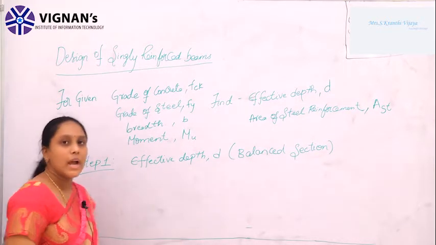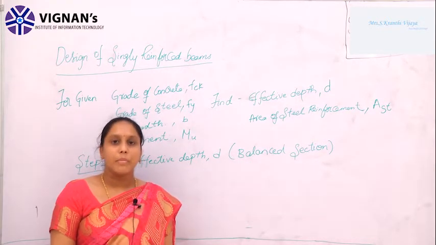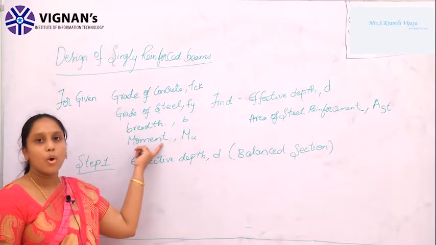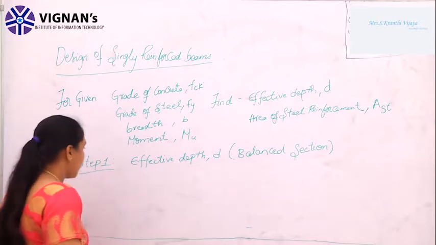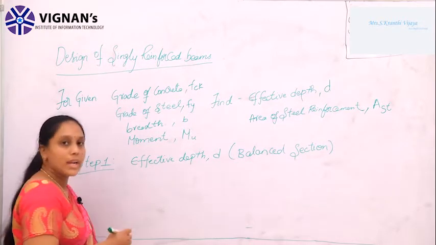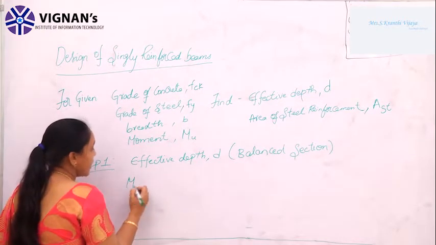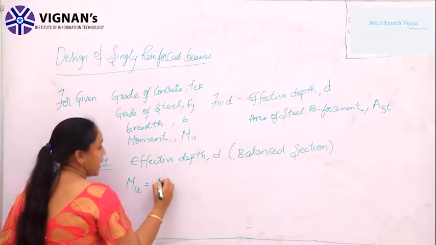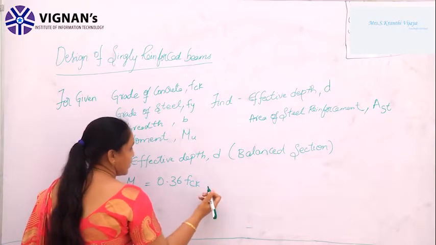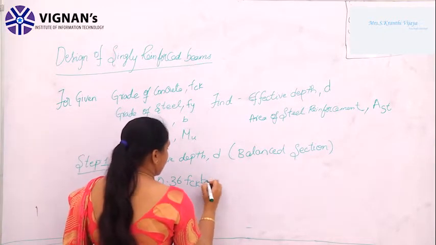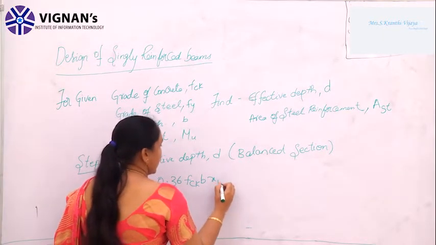So, you have to calculate this effective depth based on the moment what is given, or based on the factored moment. So, how can you calculate it? What is the formula for moment? It is Mu is equal to 0.36 fck b into xu.